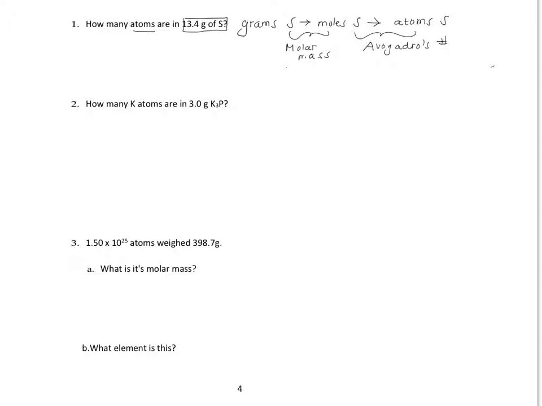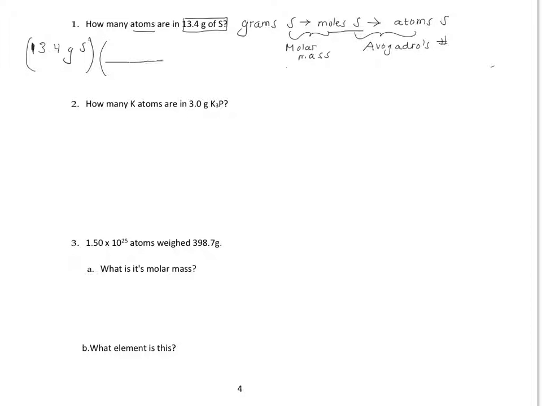Now that we've established our pathway, we can go ahead and plug in the information that's given. We start off with what's given, which is 13.4 grams of sulfur. And now we need to go to moles of sulfur using molar mass.